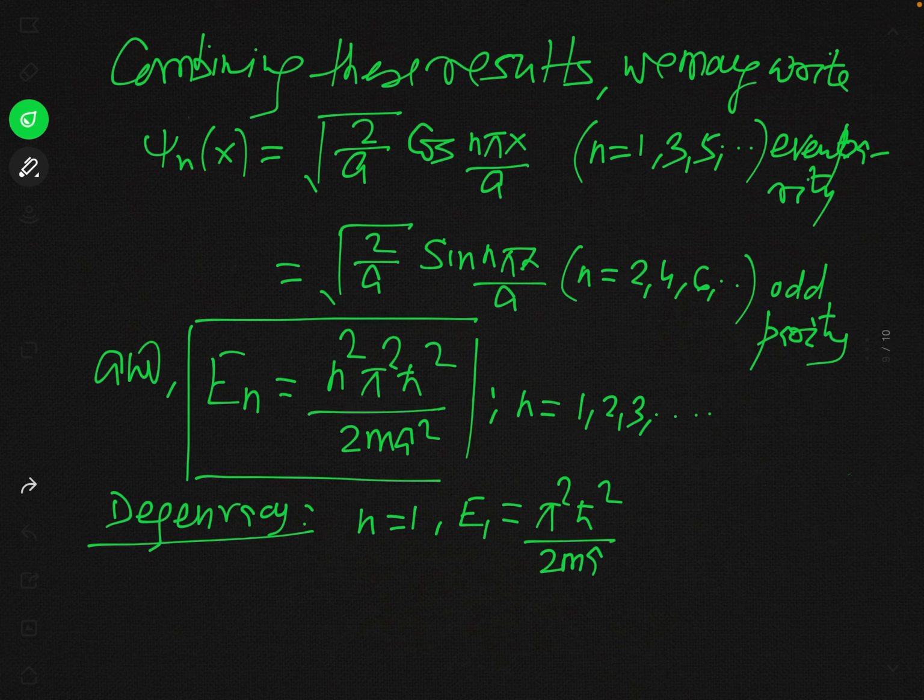And corresponding to this, the eigenfunction is psi 1 of x. When n is 1, you must write the expression for eigenfunction in terms of the cosine function, so this will be root over 2 by a cos pi x over a.